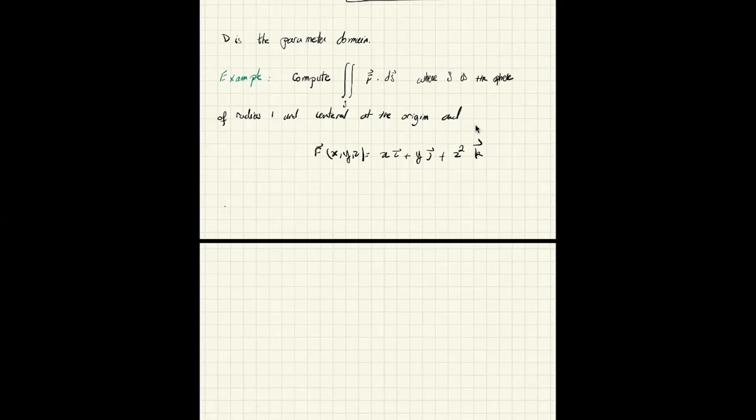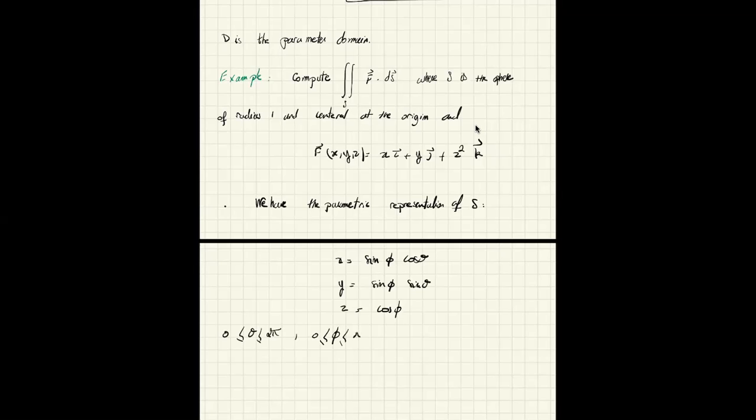So the first thing to do is we have the parametric representation of S, which is x equal to sin phi cos theta, y is equal to sin phi sin theta, and z is equal to cos phi, and theta is between 0 and 2 pi, and phi is between 0 and pi.